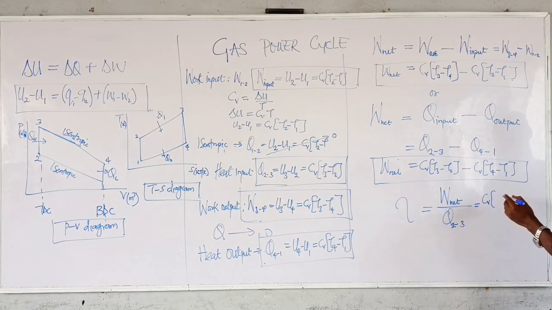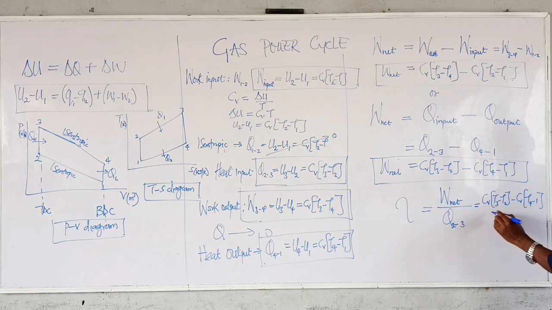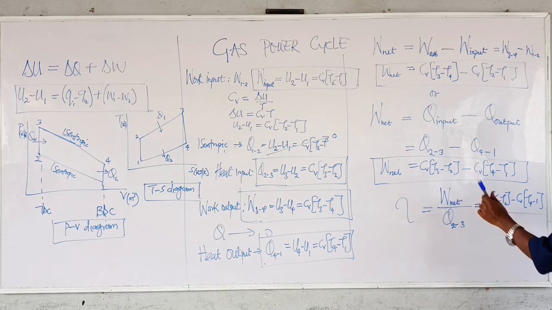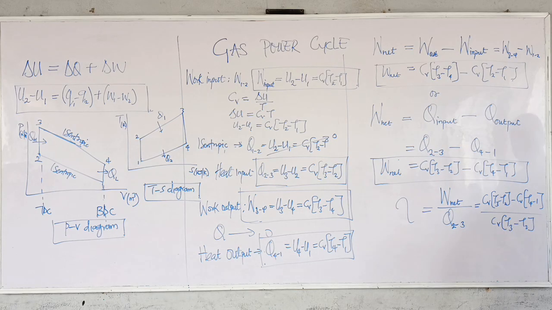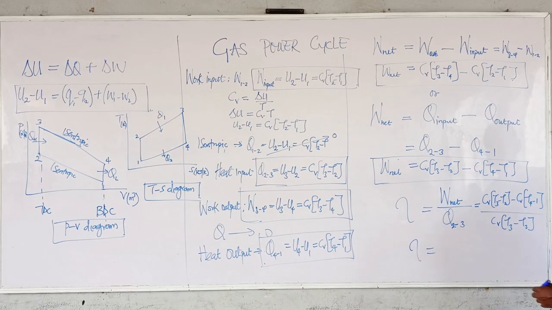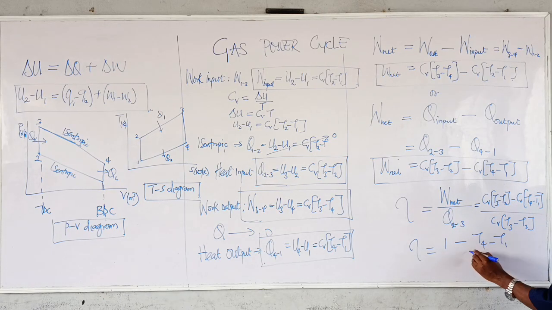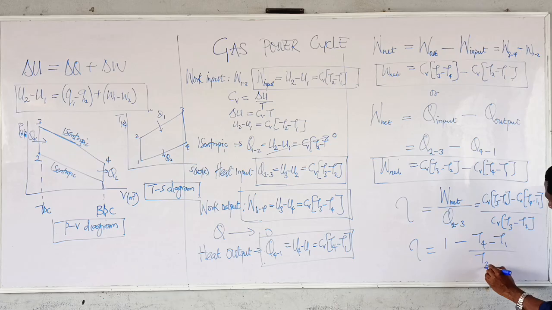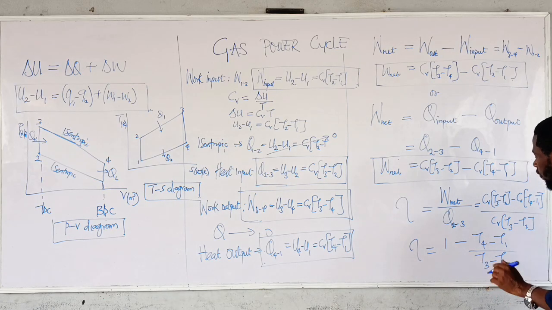Let's take this: Cv into bracket T3 minus T2 minus Cv into bracket T4 minus T1, divided by Q2 to 3, Cv into bracket T3 minus T2. So the cycle efficiency becomes 1 minus T4 minus T1 over T3 minus T2.